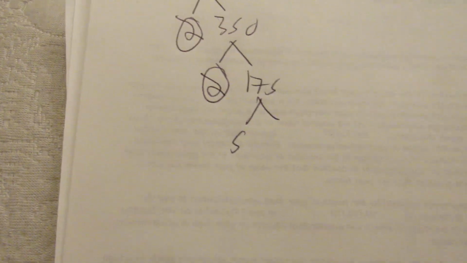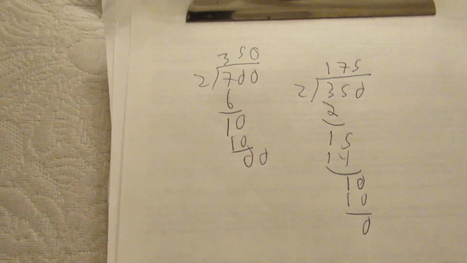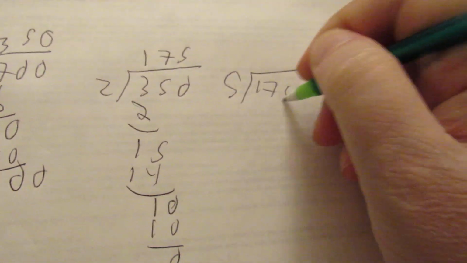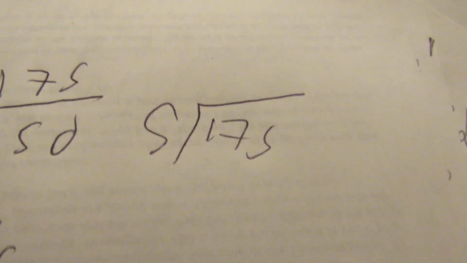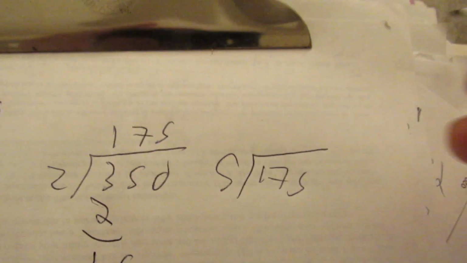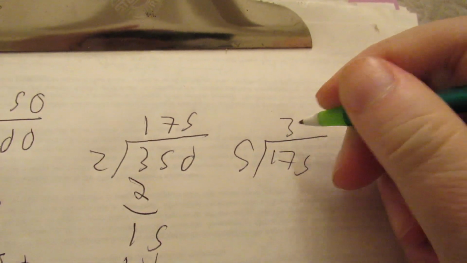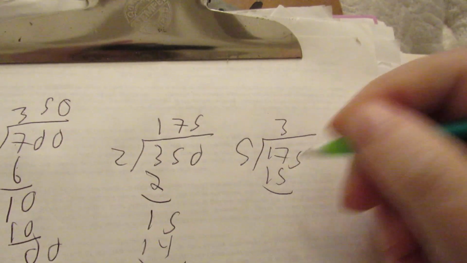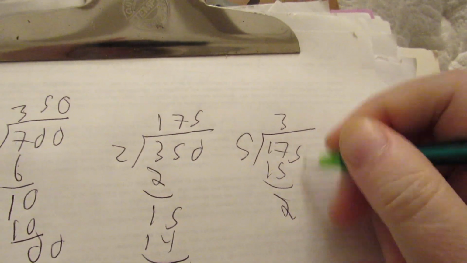So we're going to go 5 into 175. 5 won't go into 1, but it'll go into 17 3 times. 3 times 5 is 15. 17 minus 15 is 2.